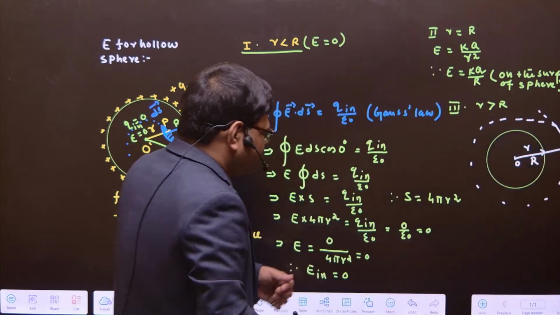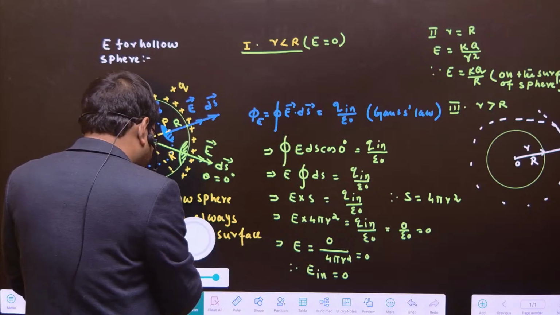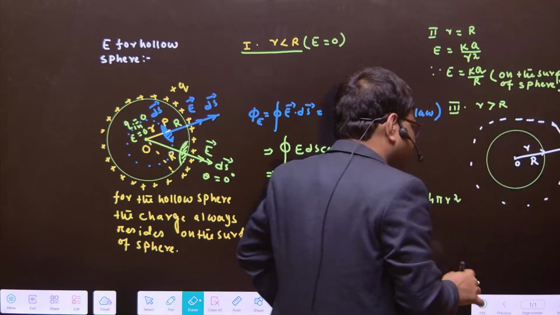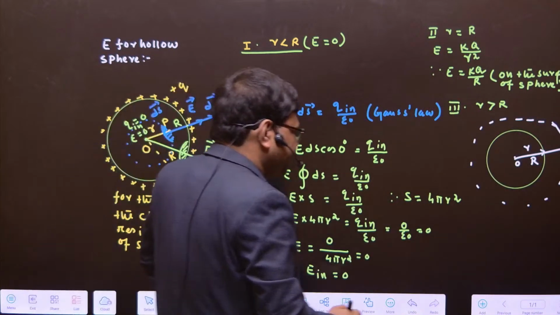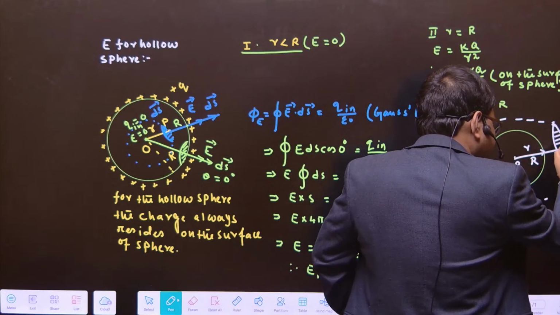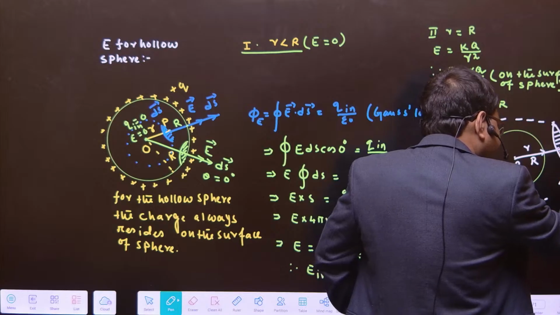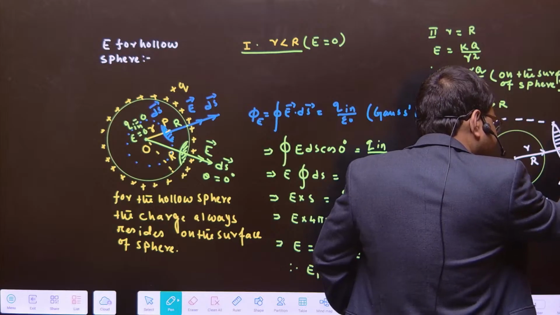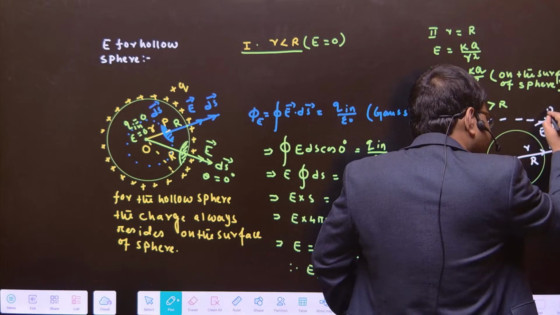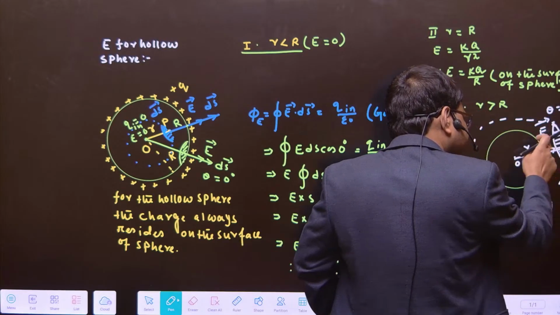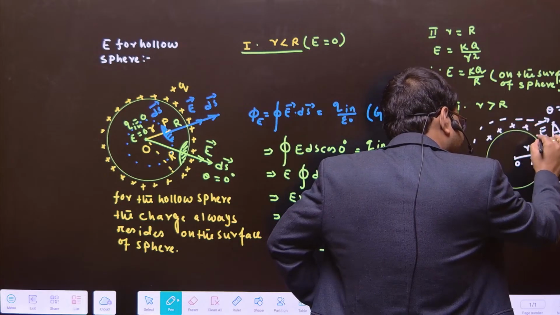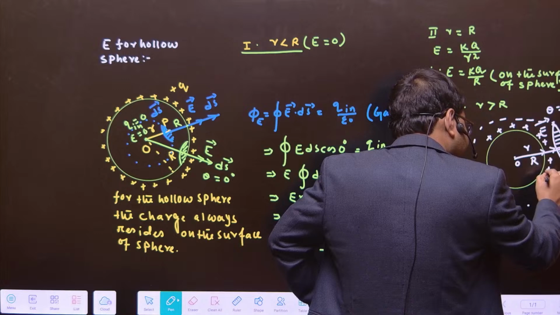After drawing it, assume one small element of area, with the area vector dS in this direction and the electric field also in this direction, theta is equal to 0 degrees, the angle between dS and E. And here, in the charged hollow sphere, charge always resides on the surface of the sphere. Clear?